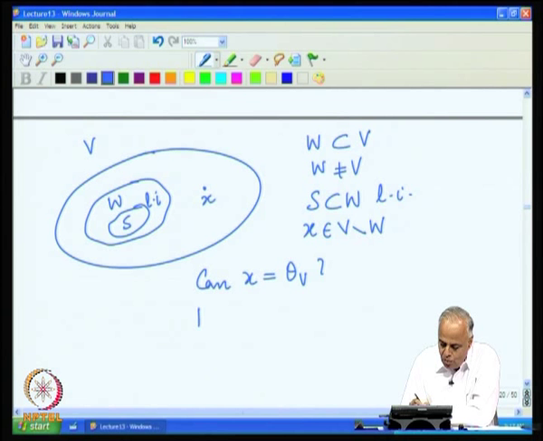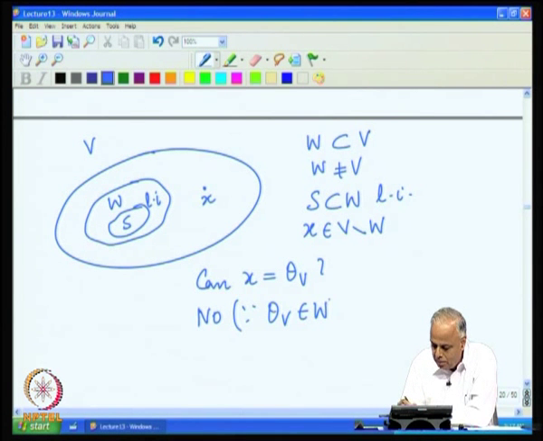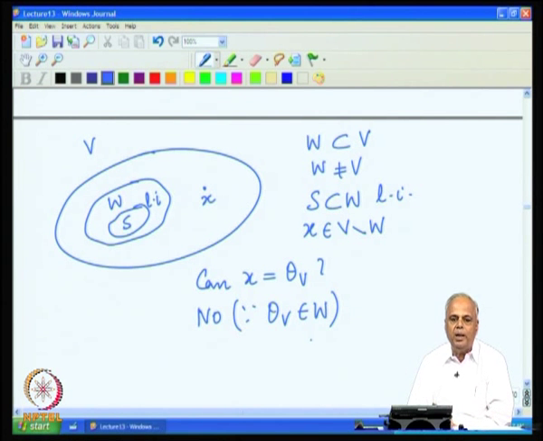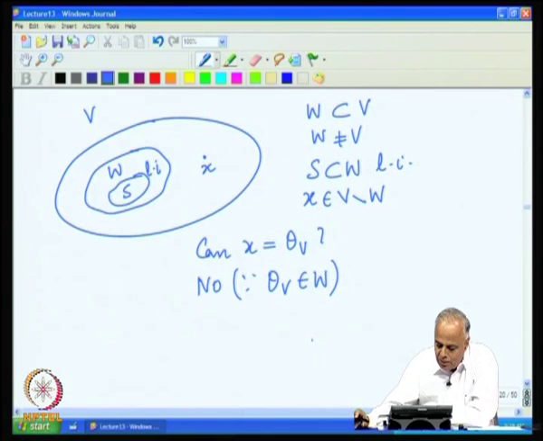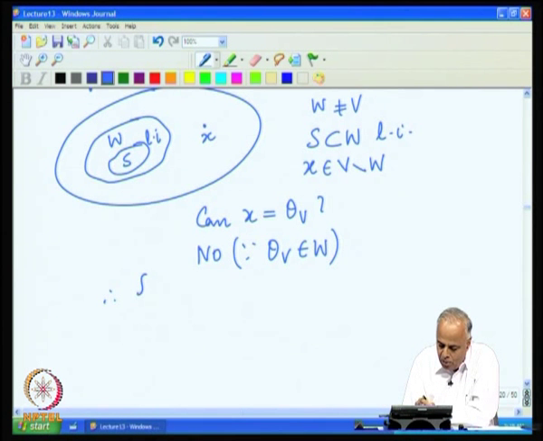The answer is no, because every subspace must contain the 0 vector, and so the 0 vector must be sitting inside this W. No, because the zero vector belongs to W. Because W is a subspace, it must contain the 0 vector. So, x cannot be the 0 vector, and therefore, the set S1 consisting of only that vector is linearly independent.